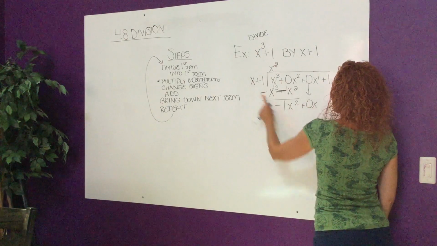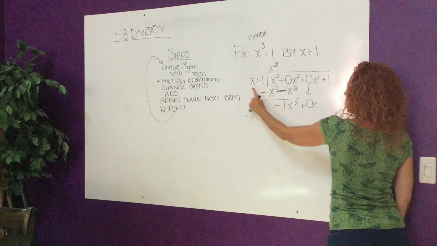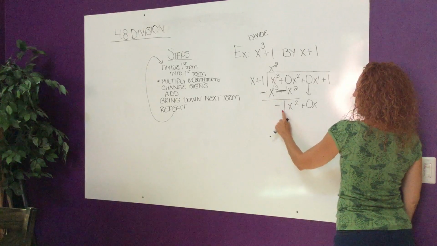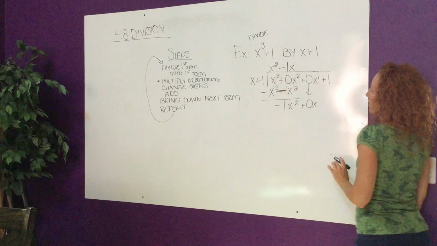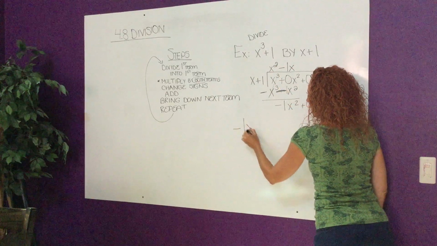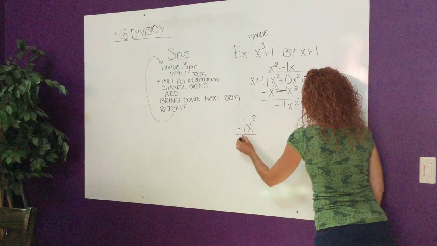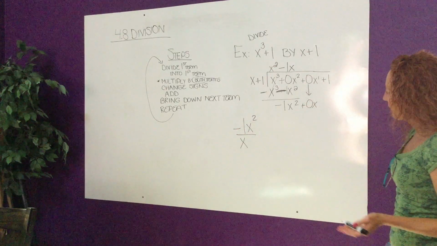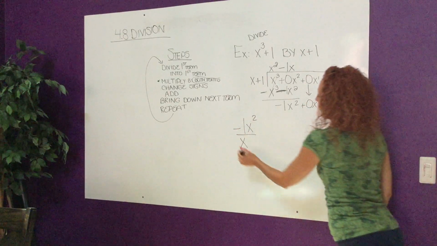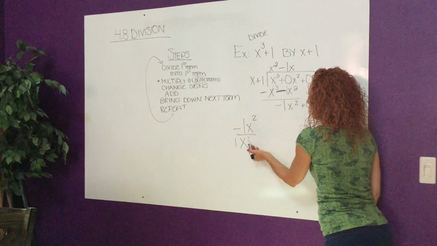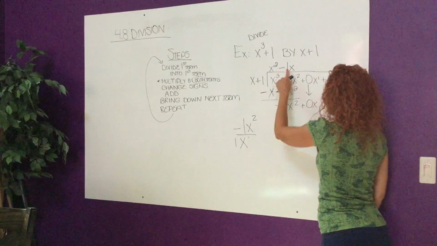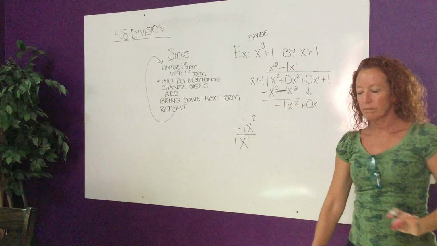Repeat, first into first. So x goes into -1x squared, -1x times. If that's confusing to you, write it down like that. And so there's nothing to reduce from those coefficients, and so 2 subtract 1 leaves 1 right here.